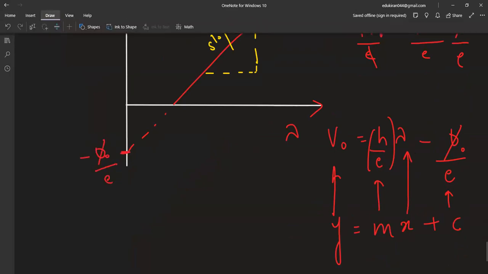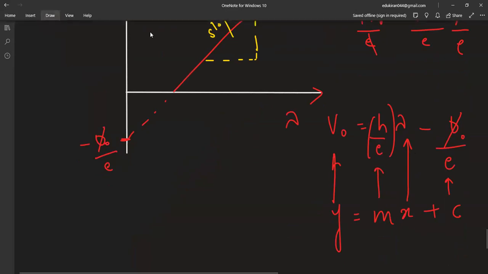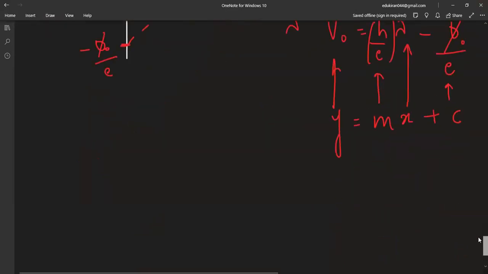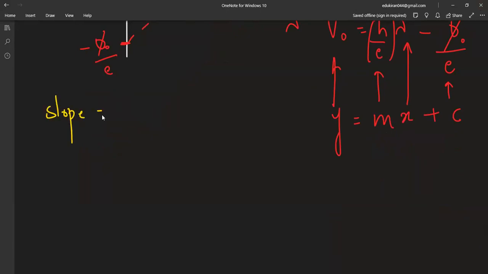Now, what all things you have to remember from the numericals perspective and what all things we didn't discuss in the class. Firstly, slope will be equal to tan theta. So if you have any idea about tan theta, then you can equate it to h by e. Understood? h by e you can directly intercept.